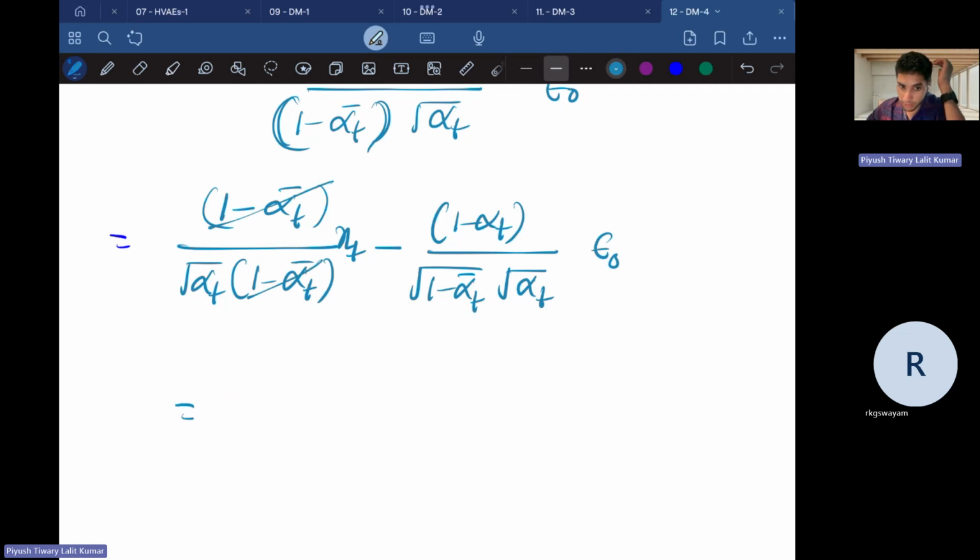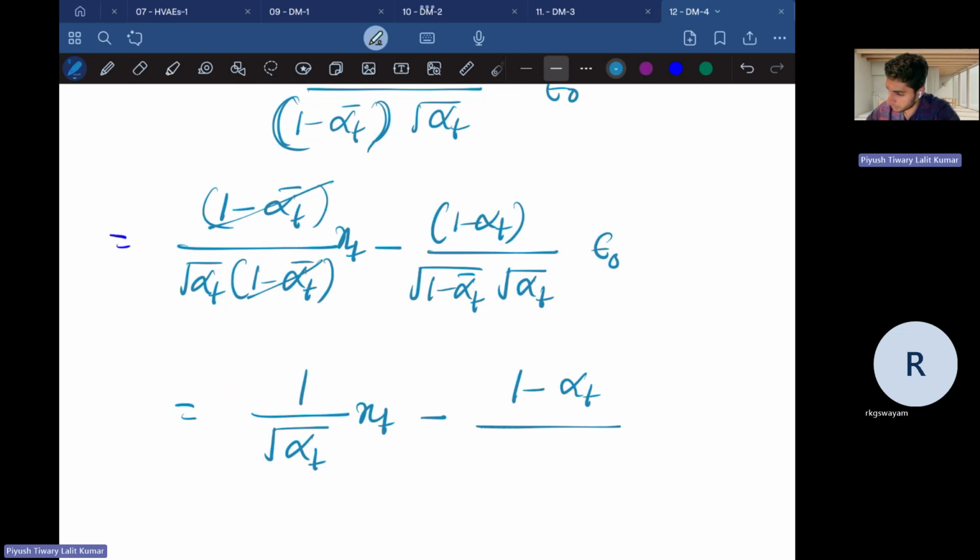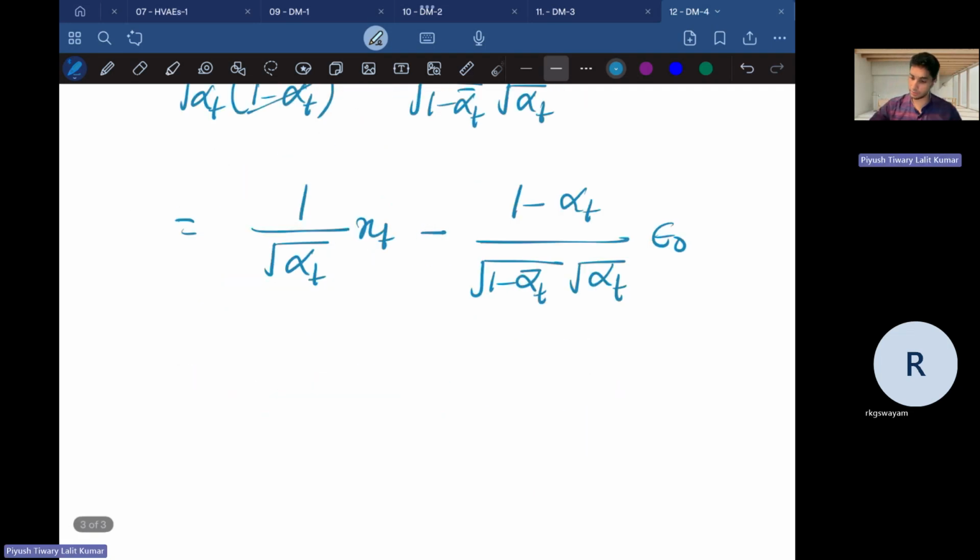This thing will become simply 1 by square root of alpha t xt minus 1 minus alpha t divided by square root of 1 minus alpha t bar, square root of alpha t, no, just alpha t epsilon. Okay, so this is what your mu q of xt comma epsilon naught is.